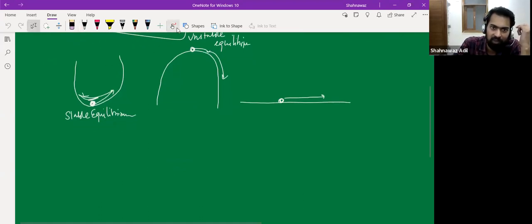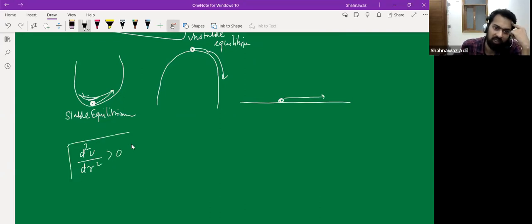You see that this is the case of minima. So if you have the second derivative greater than 0, this will represent the stable equilibrium.